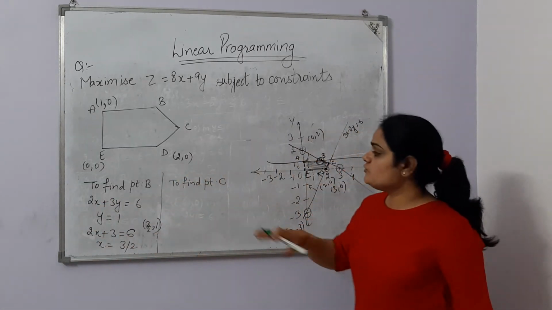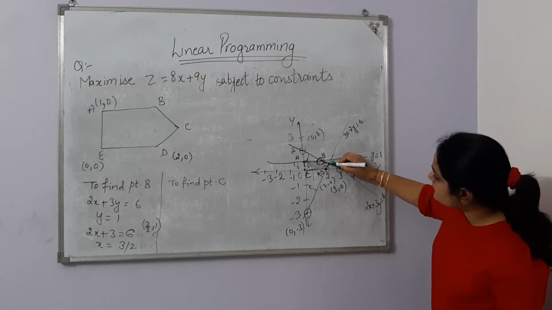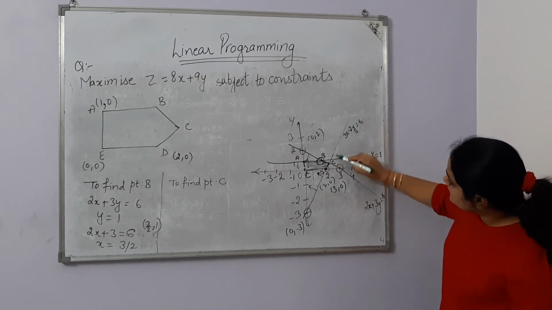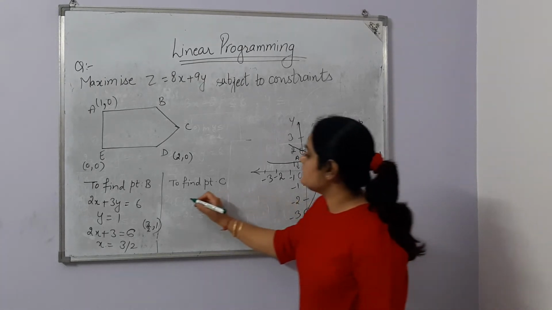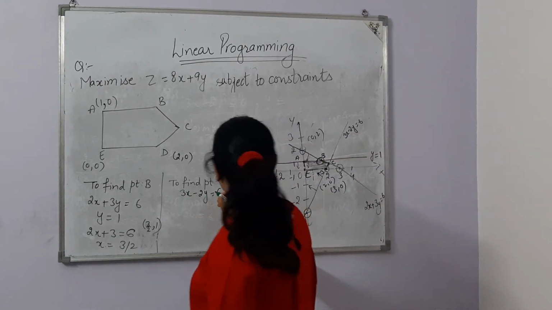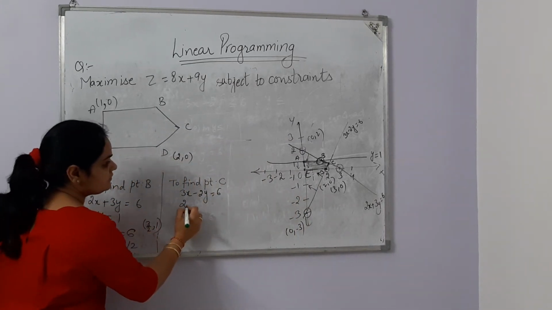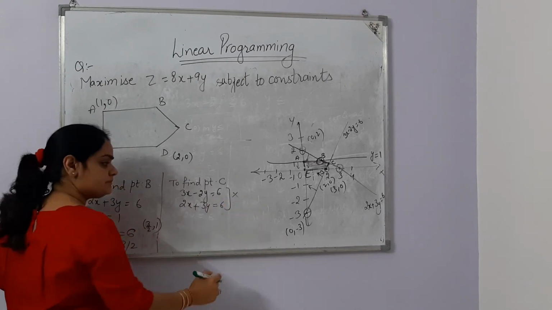Now we have to find point C. This is your C point. C is the intersection of this line and this line. That means two lines: first is 3x minus 2y equals 6 and another line is 2x plus 3y equals 6.